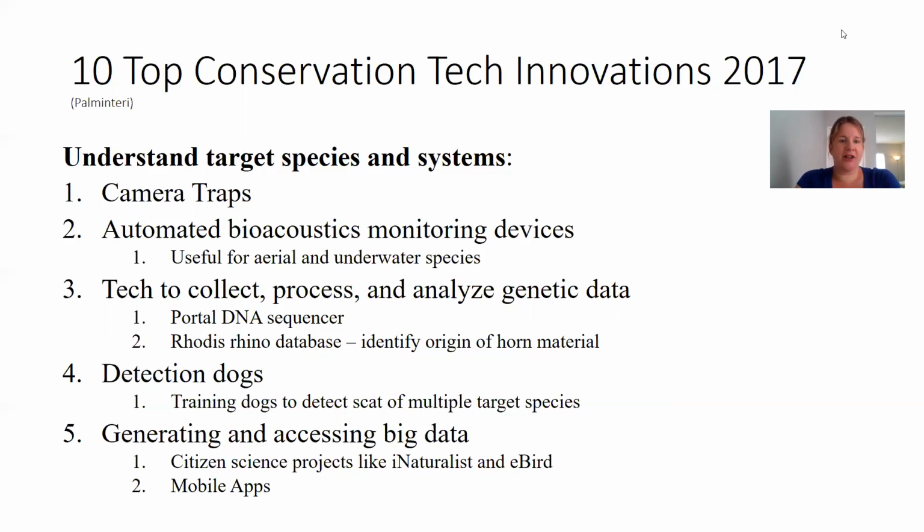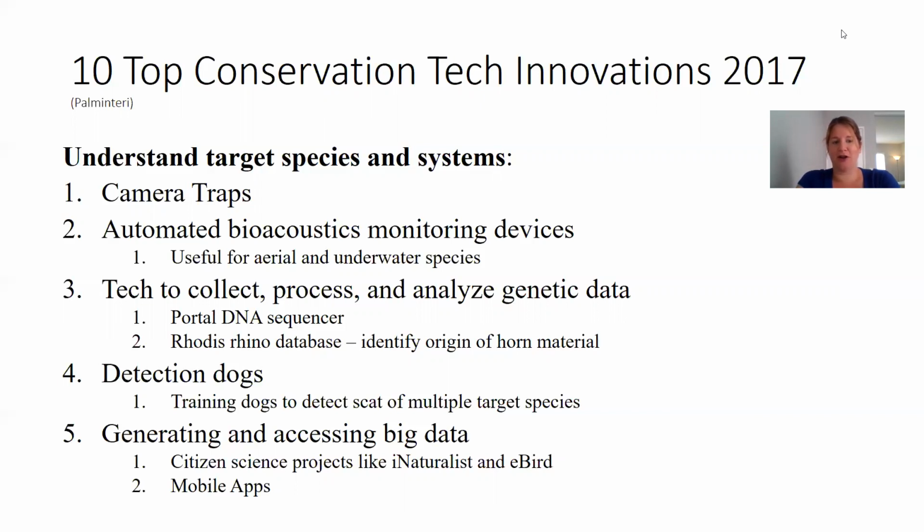Number 2, which I think is growing quite a bit, is automated bioacoustics monitoring devices. This is basically just trying to capture the noise that's going on from wildlife or just nature's noise. I was listening to a podcast a while ago about one project where they were putting cell phones up in trees, and they could hear if there was any illegal logging going on because they could hear the logging in the background.